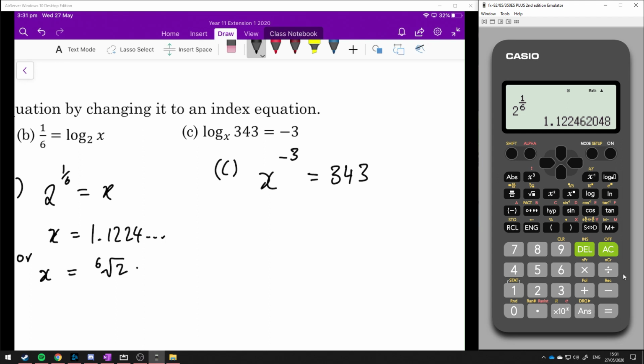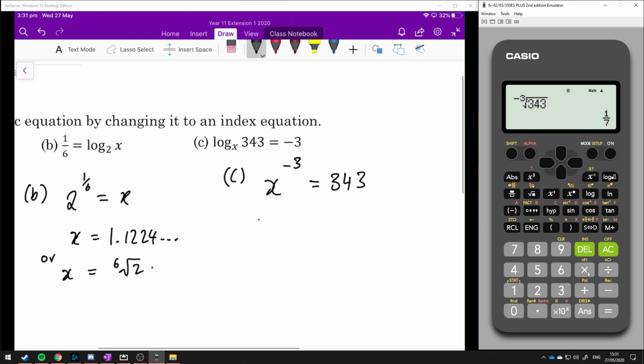I'm not actually sure if that works, so let's try it on the calculator and see if it does. It's not something I've ever tested. So shift and the power button, you can put negative 3 in here, and 343, okay, oh, there you go, it's 1/7. So we can just rewrite this as x is equal to the negative cube root of 343. So x is equal to 1/7.